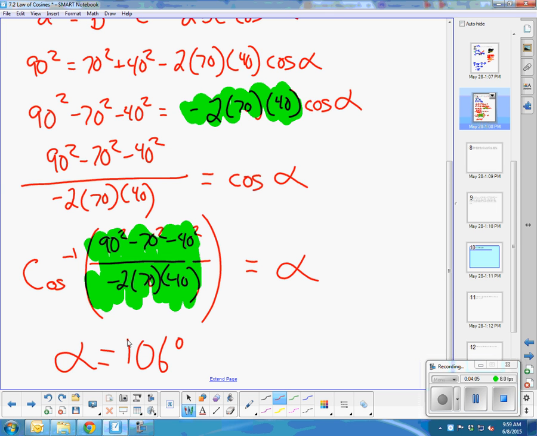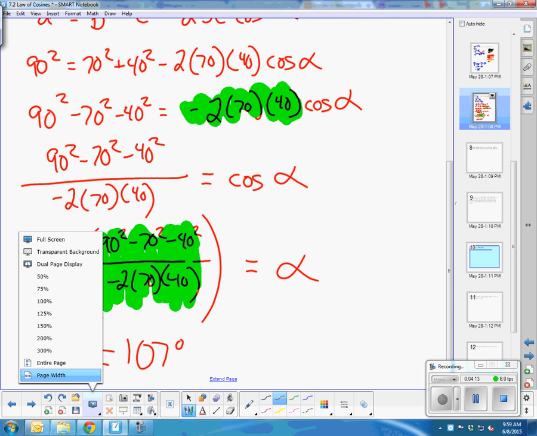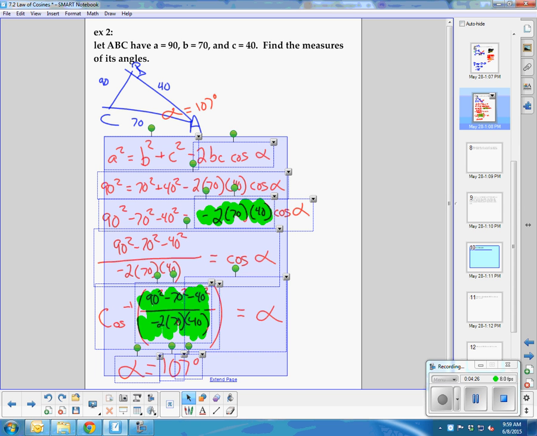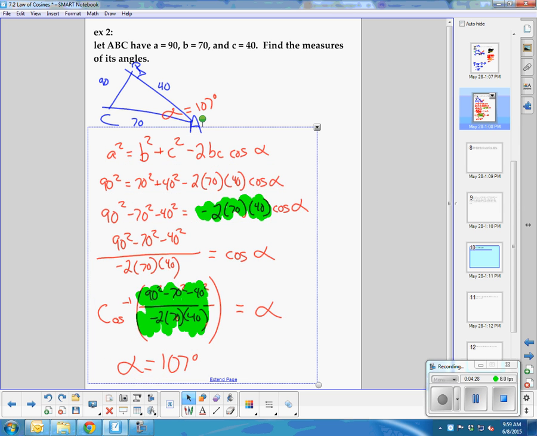Well, looking at my calculator, I guess it's closer to 107 degrees. So now we have alpha is 107 degrees. So that's that. I know that I can label that here. Alpha equals 107 degrees.